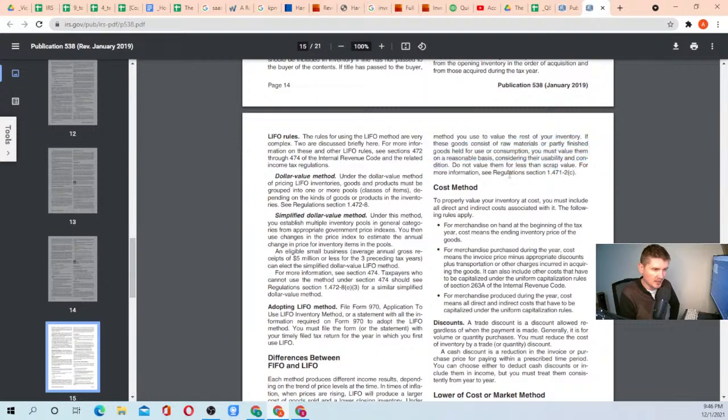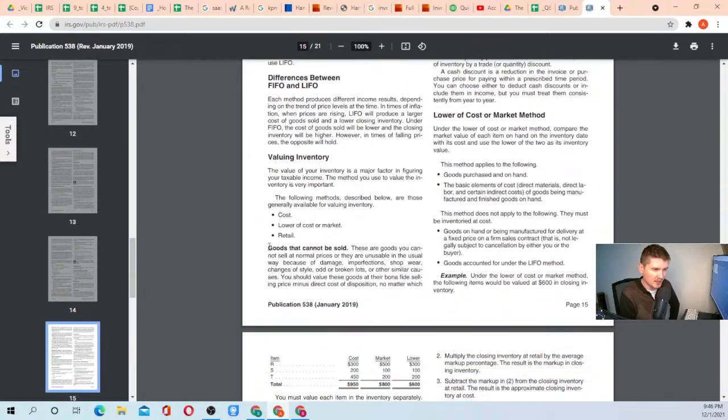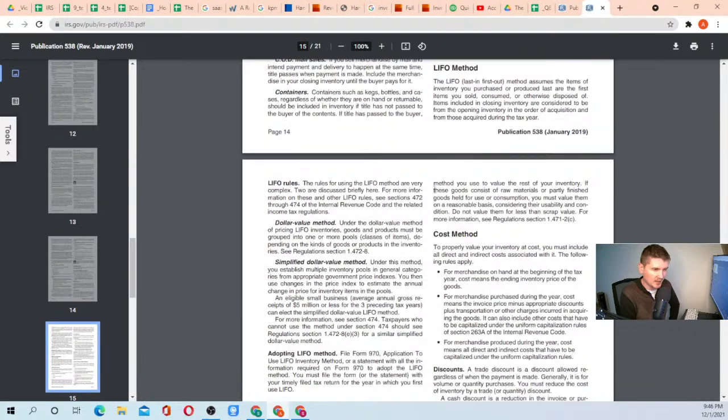So basically what they say, if you have losses, if your inventory lost its qualities and you cannot sell it at normal prices, you cannot sell it at profit because of that spoilage, you need to write it off to the amount at which you can reasonably sell it, less the disposition cost.